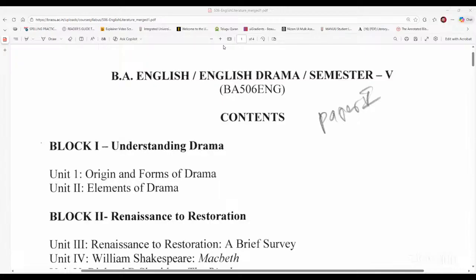Yes, from Renaissance and Elizabethan drama, now I think we should move to talk about forms of English drama and elements of drama. Before we move to forms of drama, I'll take up elements of drama.